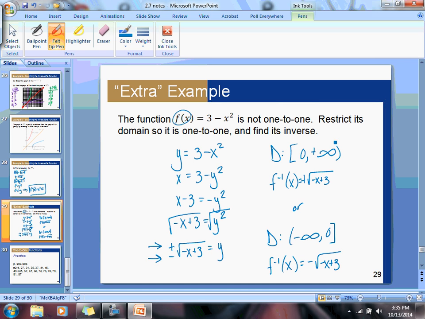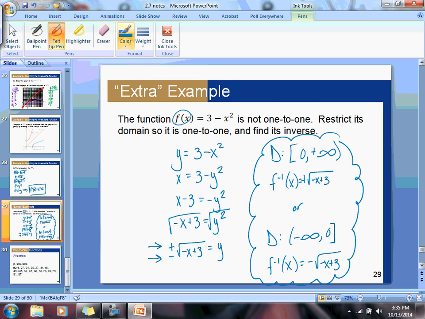So this is how I would restrict my work. For my domain, I'd have to either work with all the positive values or all the negative values. And if I'm working with just the positives or just the negatives, then I'll have two one-to-one functions. But together, it's not.